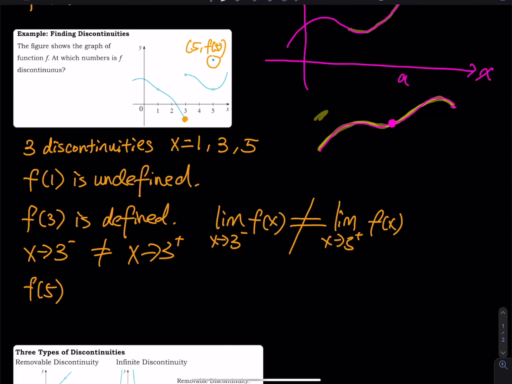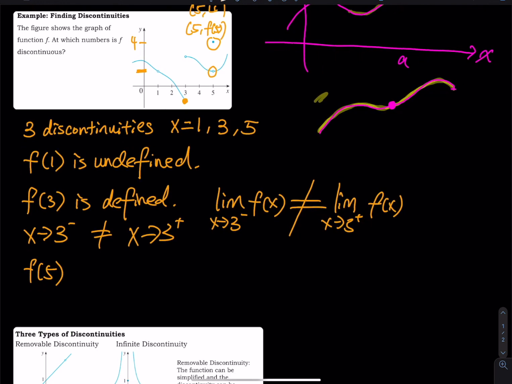The left limit and the right limit are approaching a y value that is less than that. So let's say this is a 4. So this point will be (5, 4). And then obviously, this y value is not 4, right? So as x approaches 5 from the left and from the right, the limit is not going to be equal to 4. Okay, so that means number 3 is not satisfied.